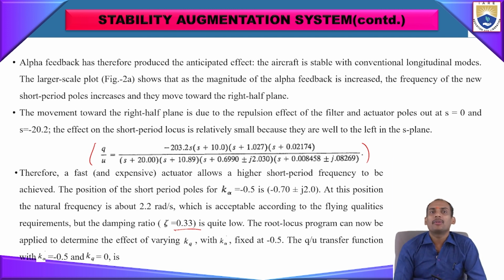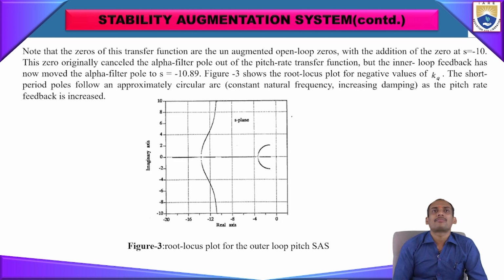The root locus program for this transfer function will determine the effect of pairing KQ with K alpha, which is fixed at -0.5. So the q/u transfer function with K alpha = -0.5 and KQ = 0, the root locus for that transfer function is given here only.